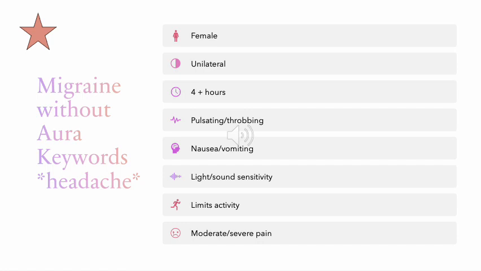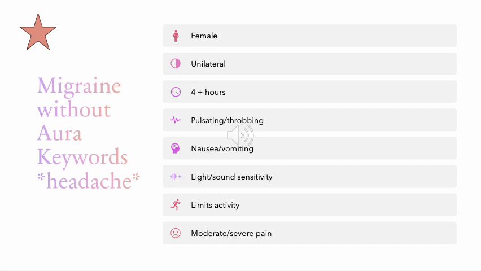So they're either going to complain of pain on the right or pain on the left. The timing: a migraine attack lasts anywhere between 4 and 72 hours. So if it's less than an hour or 30 minutes, probably not migraine, could be, but look for a headache that's going on for multiple hours.